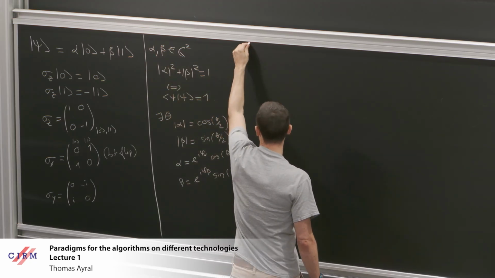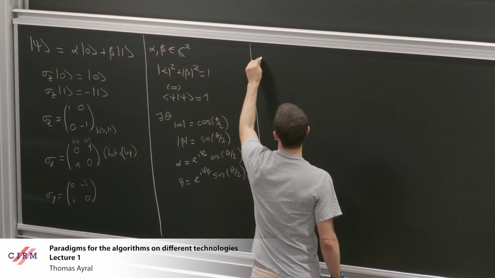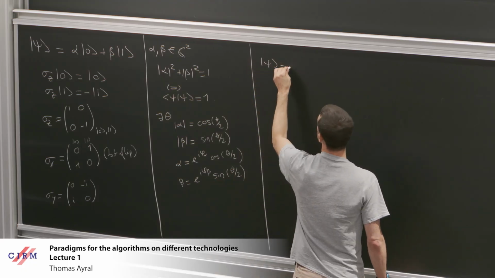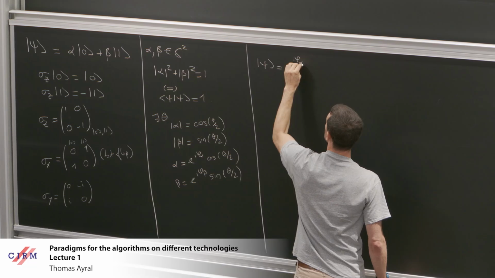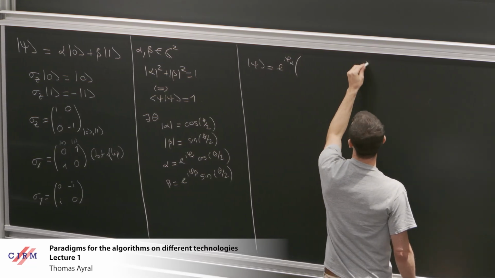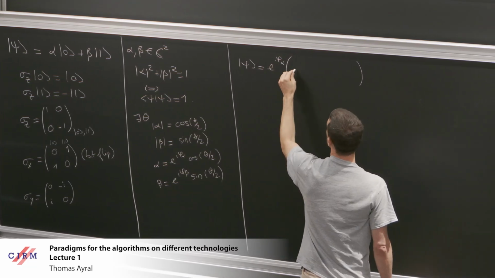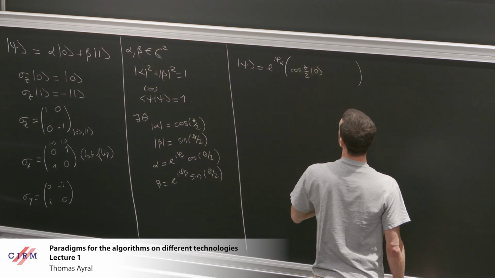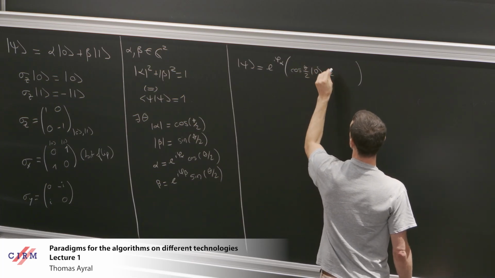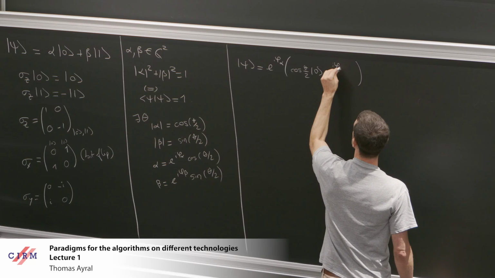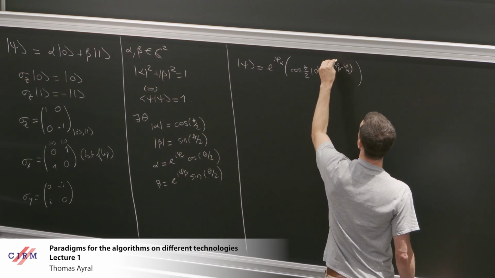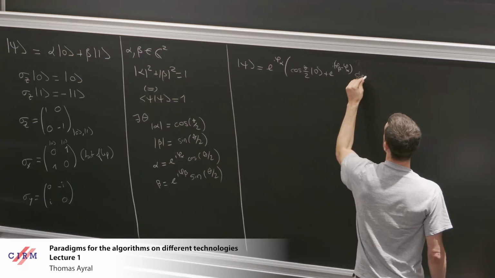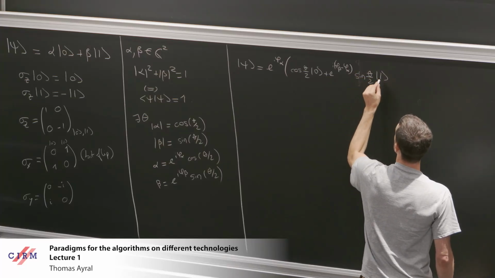And so now if I rewrite my wave vector in this new notation, and I factor the phase in front, I obtain cosine theta half 0 plus exponential of i times the difference of the phases, phi beta minus phi alpha, times sine theta half 1.